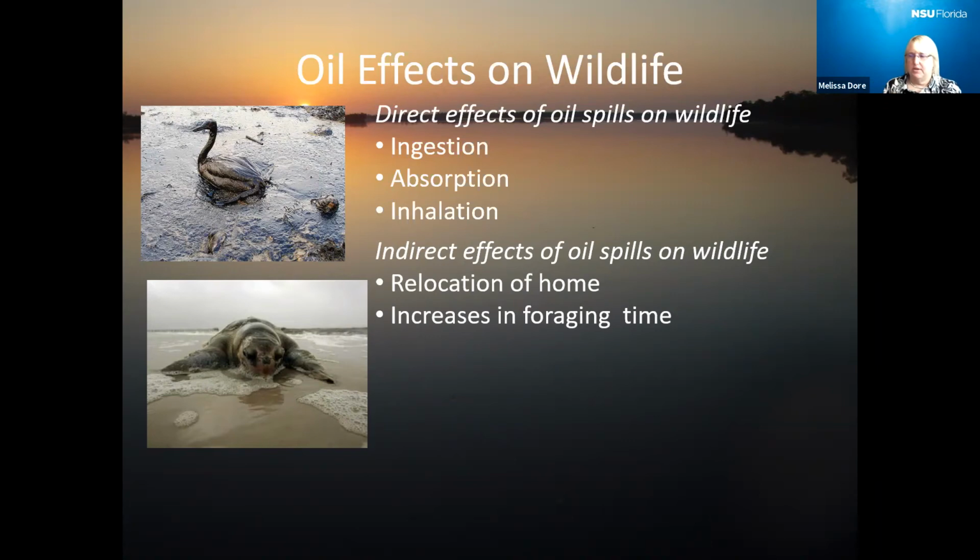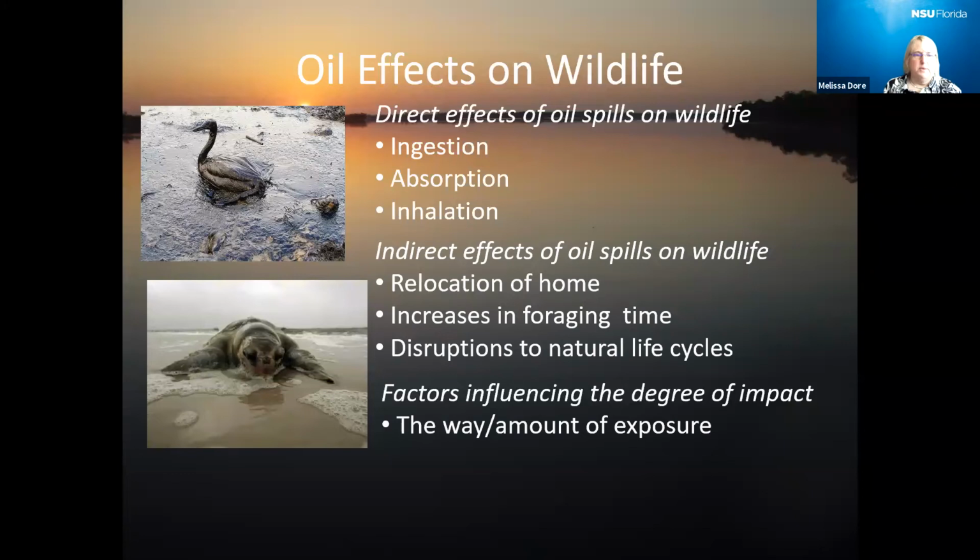It also disrupts natural life cycles. For sea turtles especially, and we'll go into this in a little bit, the adults can survive an oil spill, but the eggs have basically 100% mortality if they're exposed to oil.